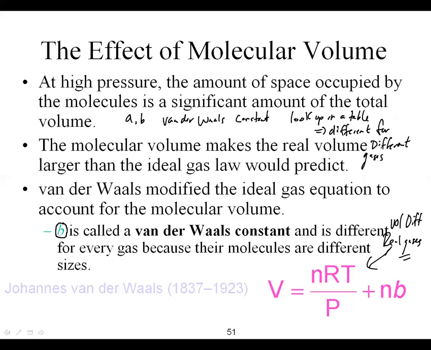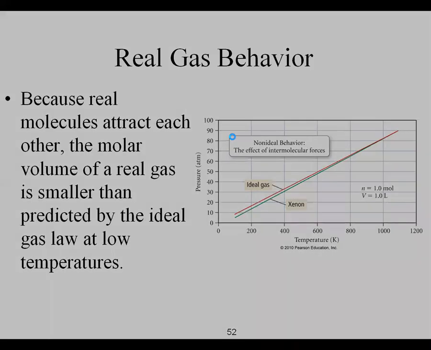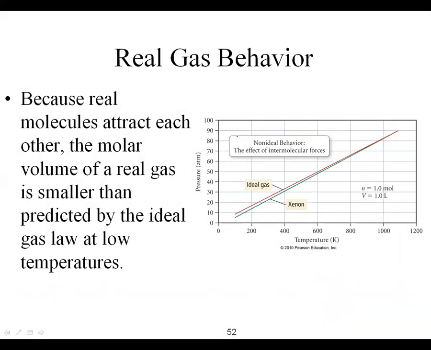Now, van der Waals also took into account the other thing that we see deviate from ideal gases, and that is what we see in this picture. Under these really low temperature values, we do see interaction between the gas molecules. We do see attractive forces and repulsion forces.